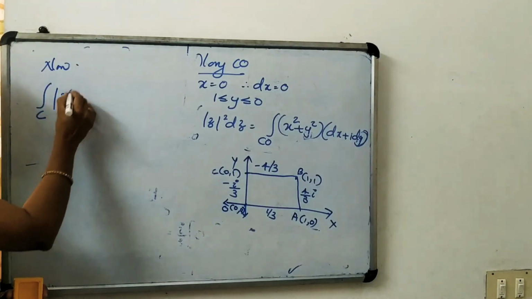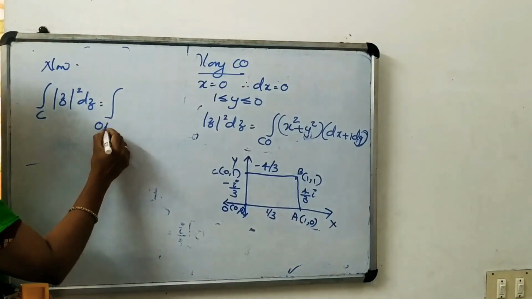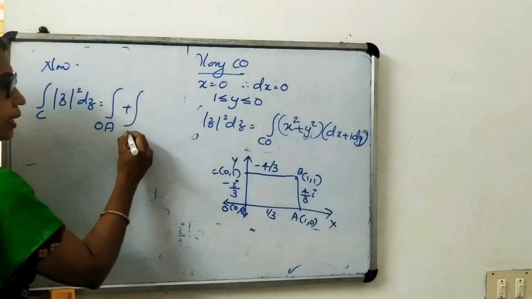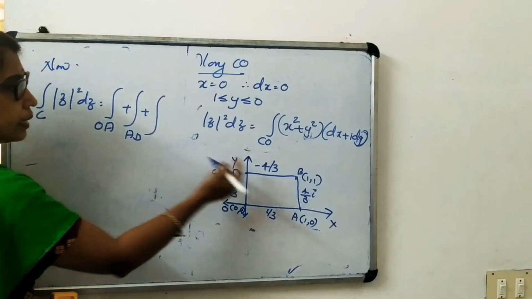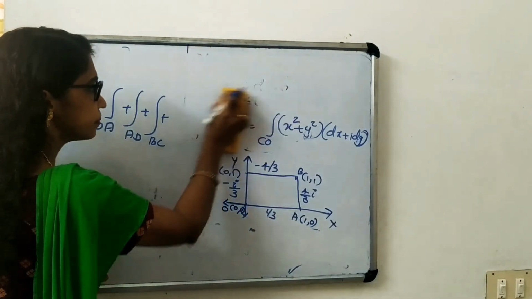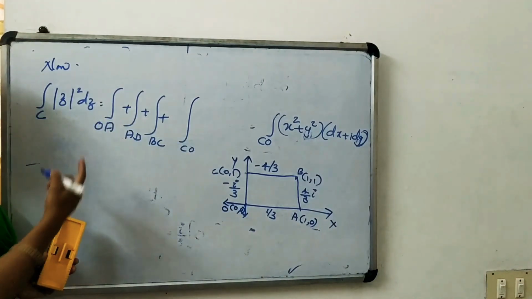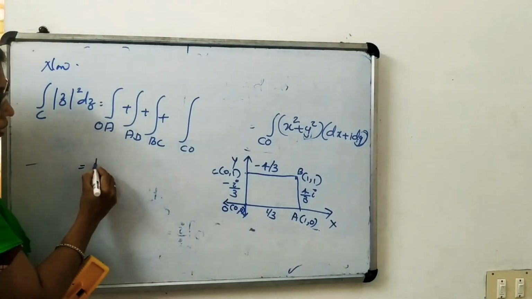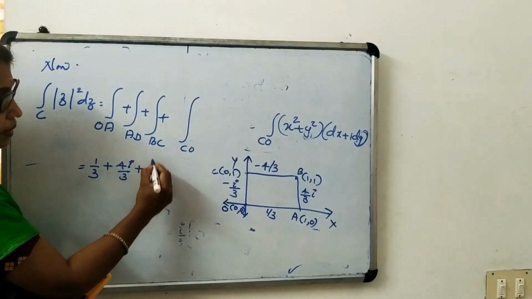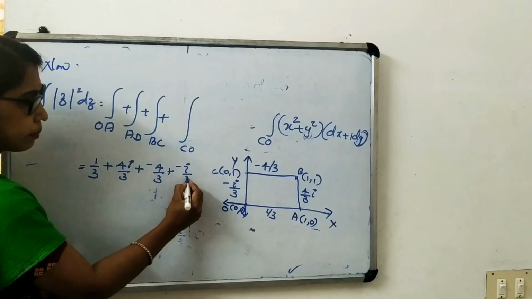So integral over C of mod z square dz is equal to integral over OA plus integral over AB plus integral over BC plus integral over CO. This is equal to: OA is 1 by 3, plus AB is 4i by 3, plus BC is minus 4 by 3, plus CO is minus i by 3.